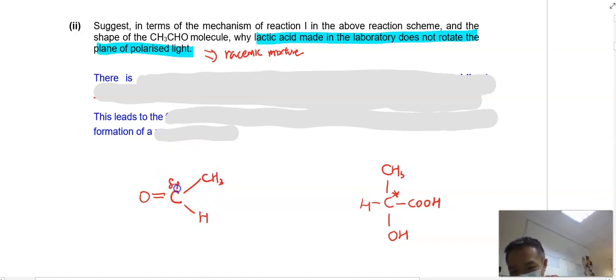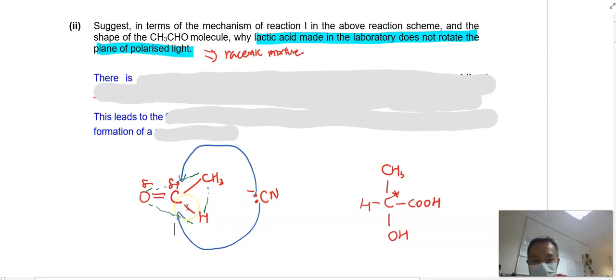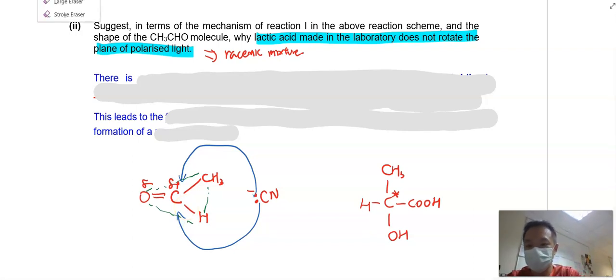So we have a delta plus, delta minus, and then we have our CN minus, with a lone pair. And we know that around the carbonyl carbon, the sp2 carbon, is a trigonal plane. So your nucleophile can either attack from the top or the bottom of the plane with equal probability, generating equal amounts of each enantiomer, resulting in the formation of a racemic mixture.